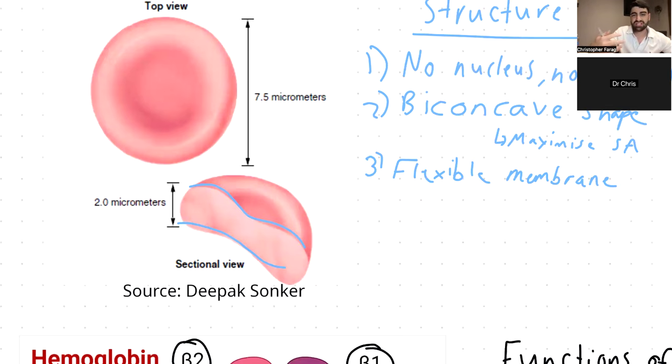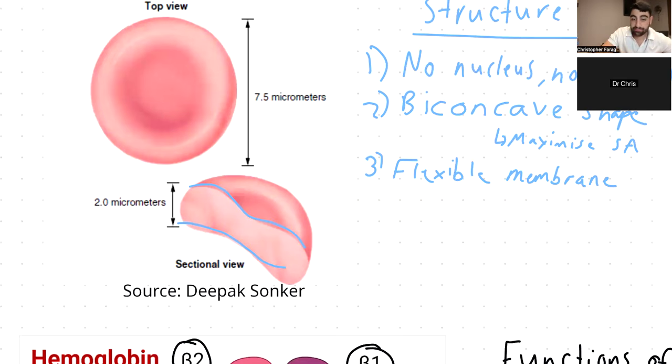If you had a really fragile, inflexible membrane, our red blood cell would rupture and we wouldn't get anywhere. We don't want that. We want our red blood cell to survive as long as it can, within reason, of course. And our typical life cycle is 100 to 120 days. And so we need it to be flexible. That way, when it travels around the body, through those tight capillaries, they don't rupture and they're almost resistant in a way to damage.